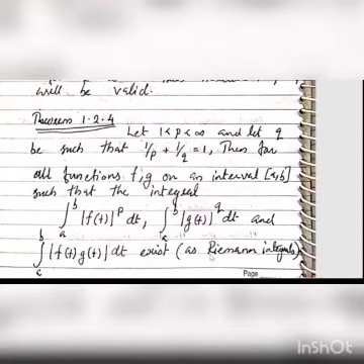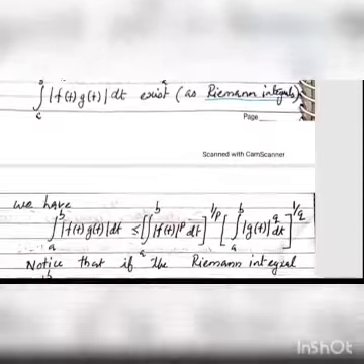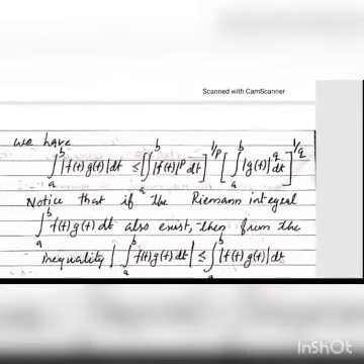Then for all functions f, g on a closed interval [a, b] such that the integral a to b of mod f(t) raised to p dt, the integral a to b of mod g(t) raised to q dt, and the integral a to b of mod f(t) g(t) dt exist as Riemann integrals, we have the modulus of the integral a to b of f(t) g(t) is less than or equal to the integral a to b of mod f(t) power p dt, all raised to 1 by p, and the integral a to b of mod g(t) power q dt, all raised to 1 by q.